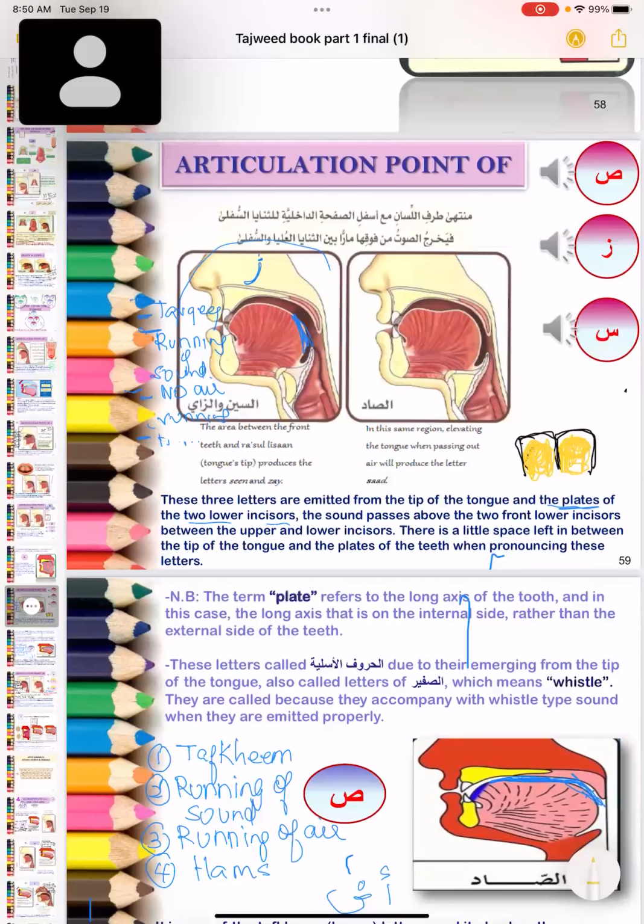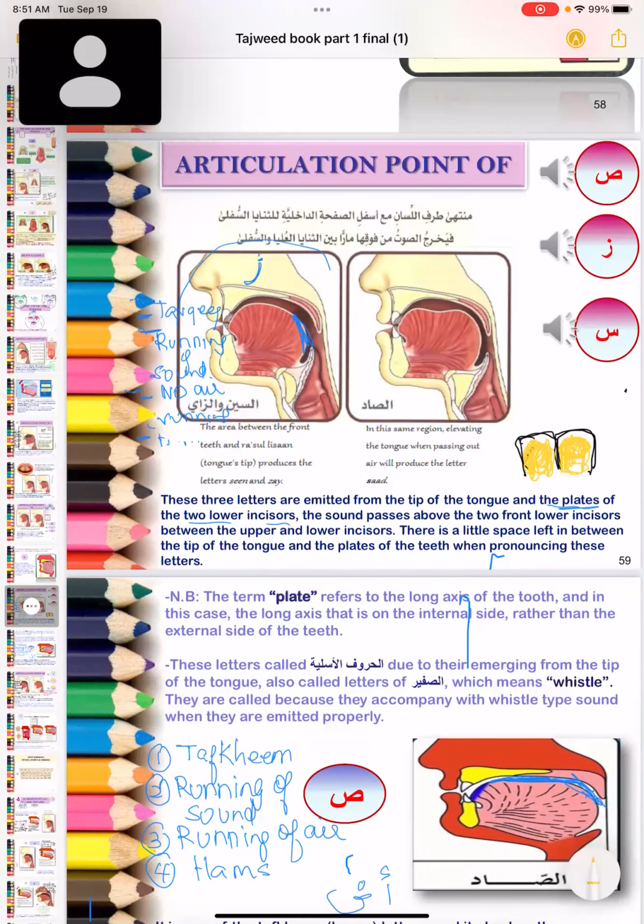And that's how you get the sound of us. If I touch it, I am blocking the sound. I'm closing off the sound. So there is a gap there and the sound runs out, and that's the reason why you get this whistle in the sound. Us.